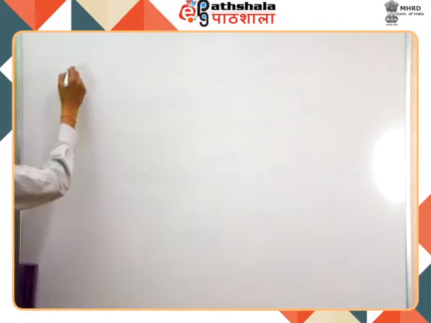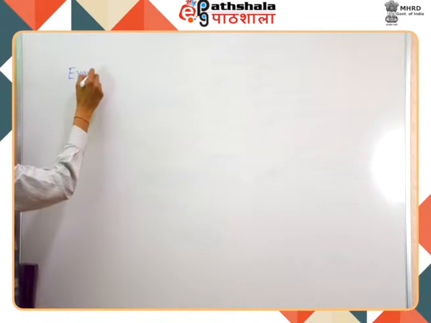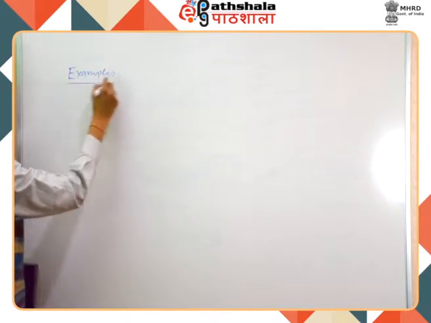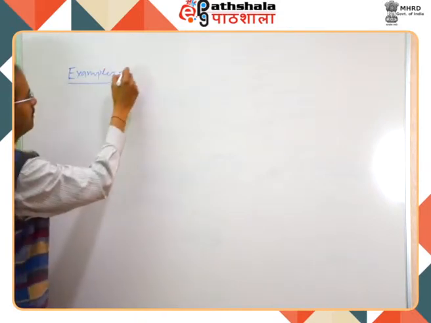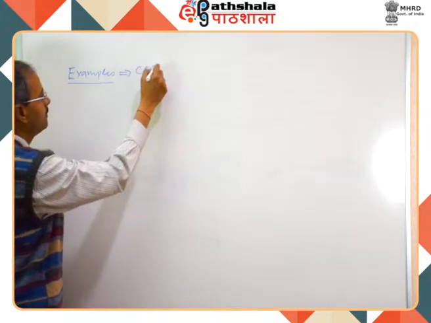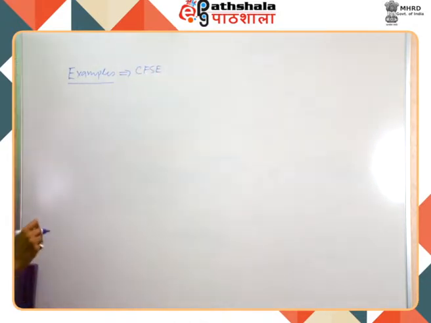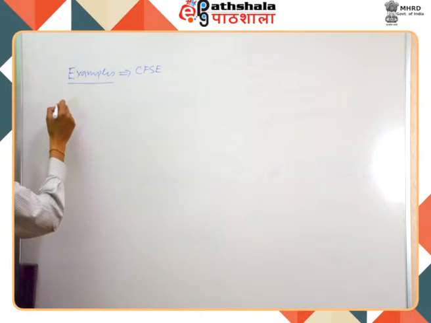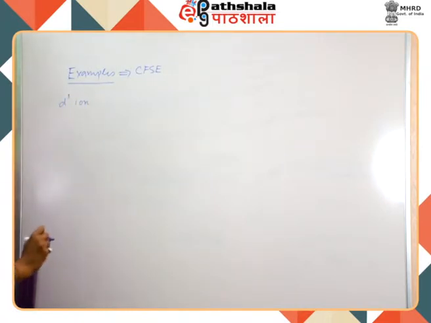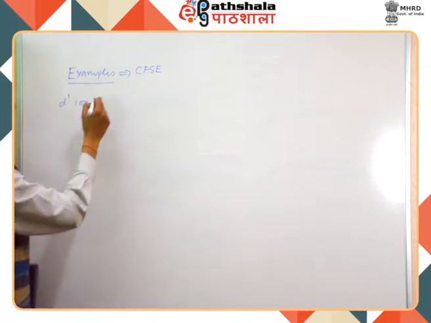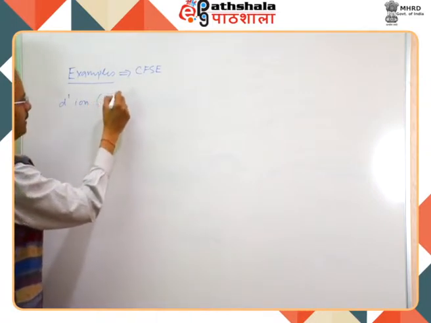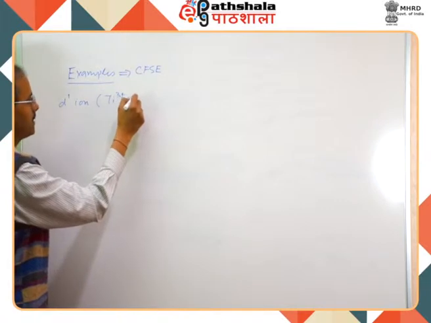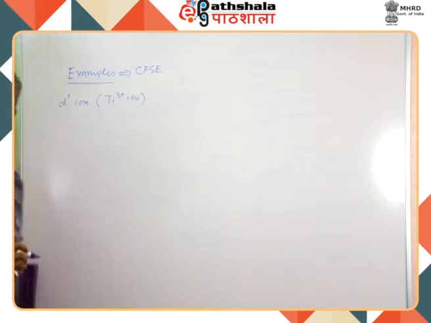We'll take a few examples about crystal field stabilization energy. Let us start with a D1 ion. We can take this example as, say, titanium 3 plus ion, which will have D1 electronic configuration.